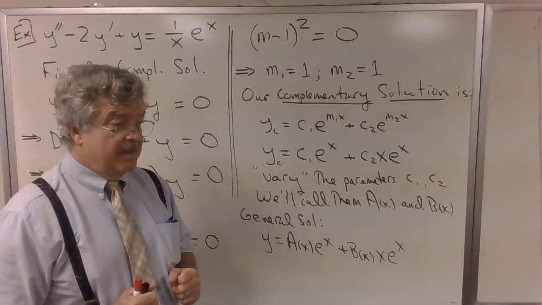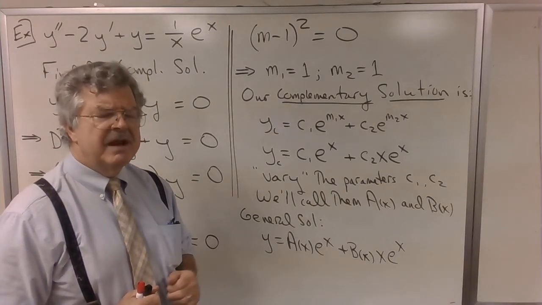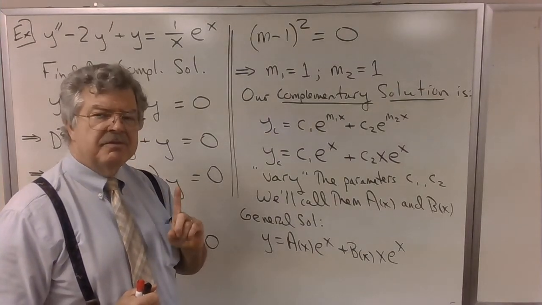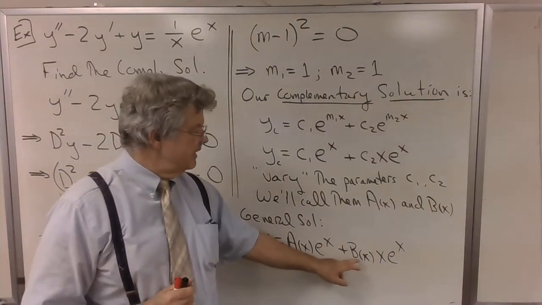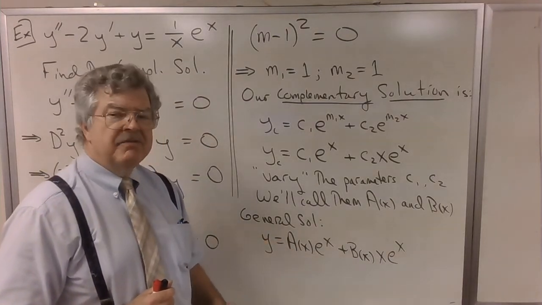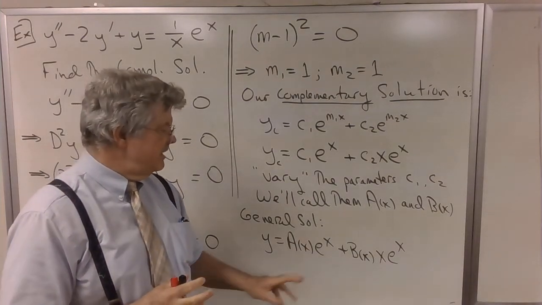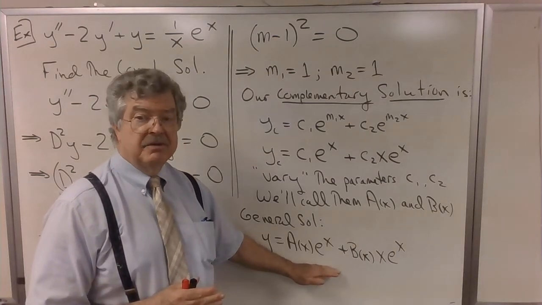Now, having imposed that restriction, we still do have one other restriction to impose on our functions a of x and b of x. Even with this first restriction imposed, there are still infinitely many pairs, a of x and b of x, that will make this a solution.